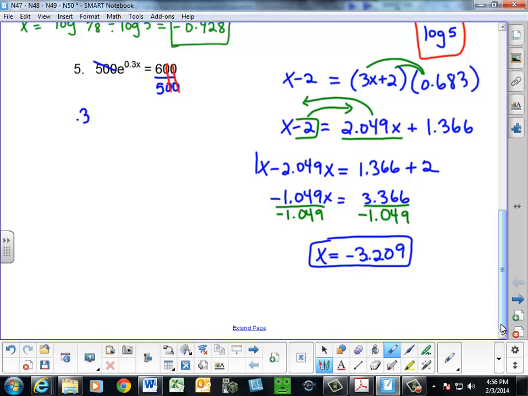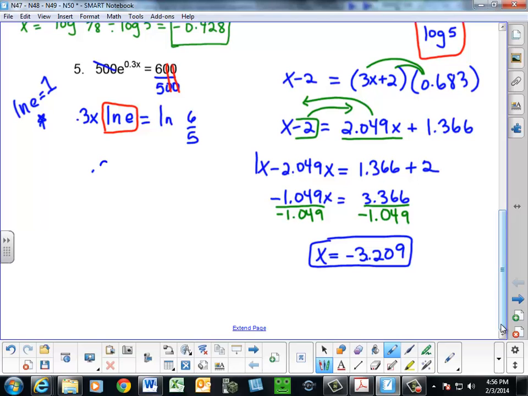So 0.3x times natural log of e equals natural log of 6 over 5. Okay, one thing that'll be helpful to remember is the natural log of e has a value of 1. So we can just mark that off, because multiplying by 1 doesn't change the value of anything.